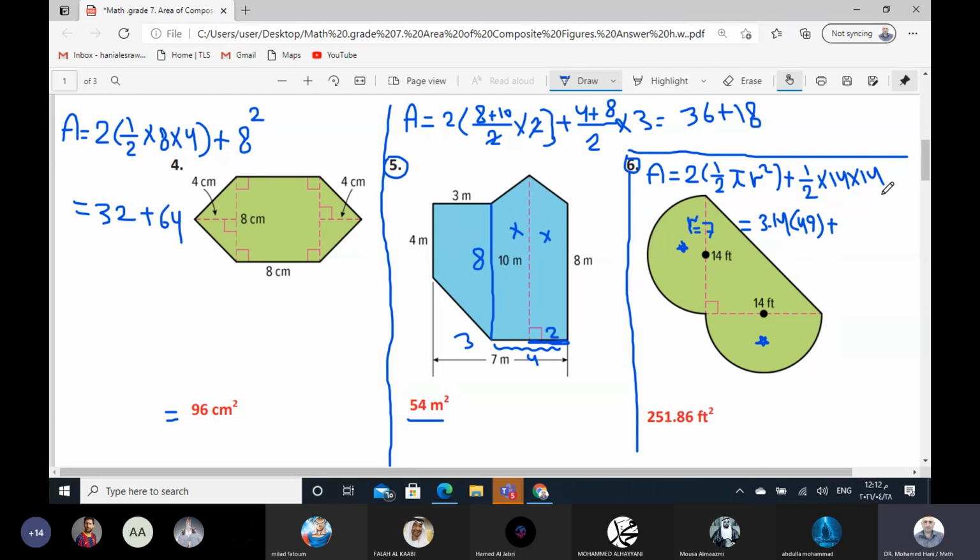And we want to multiply 14 times 14, which will be 196. Then 196 divided by 2. So the answer will be 98.